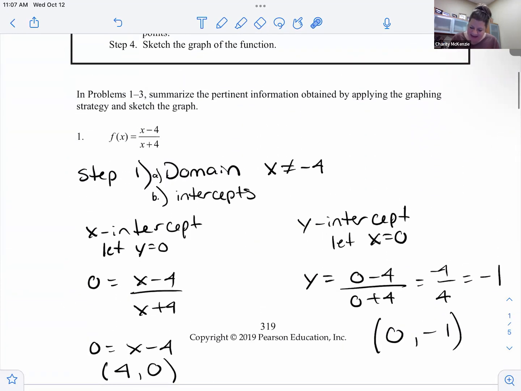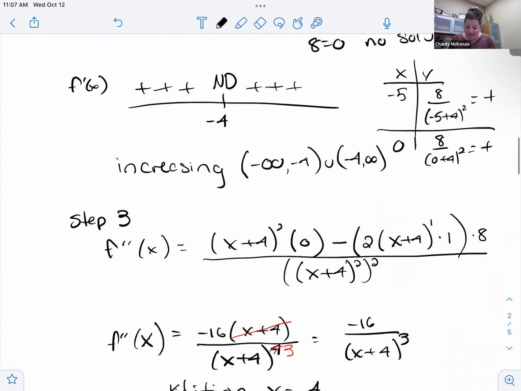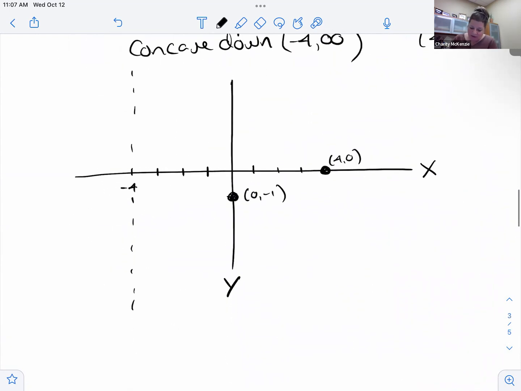If I put in -5 here and here, we would have -5 minus 4 over 5 plus 4. That's going to give me -9 over 9. So I get -1. So if I put in -5, I'm at -1. So there's a point right there.